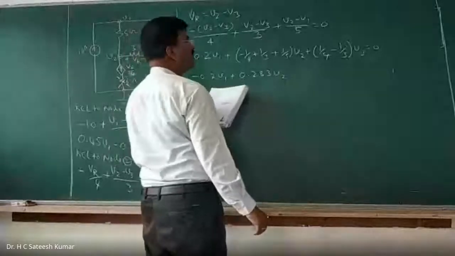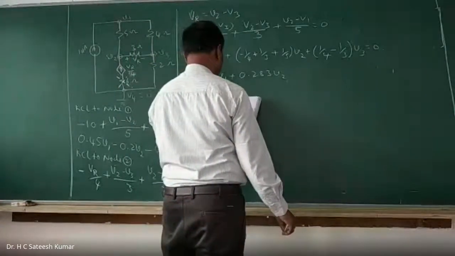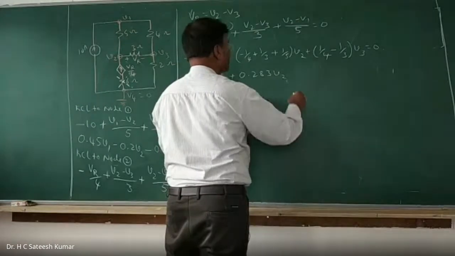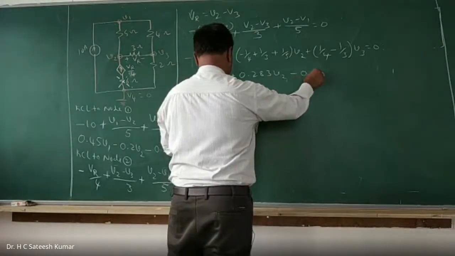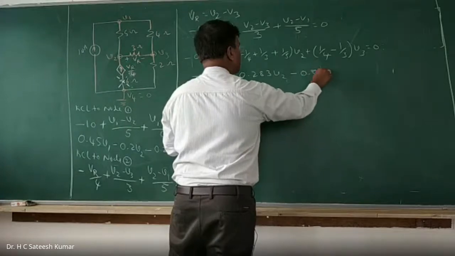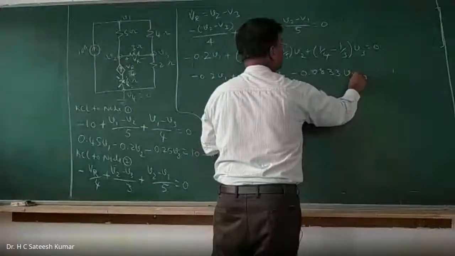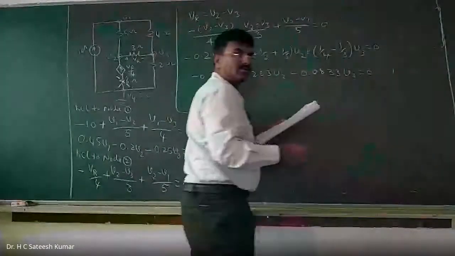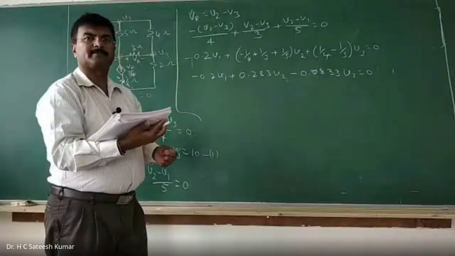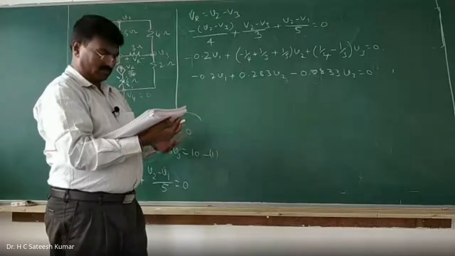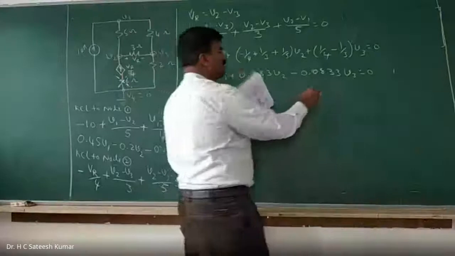And what about this one? 1 by 4 minus 1 by 3, that is minus 0.0833 V3 is equal to 0. Okay, right. Now what is that you can get it? So call this as equation number 2.